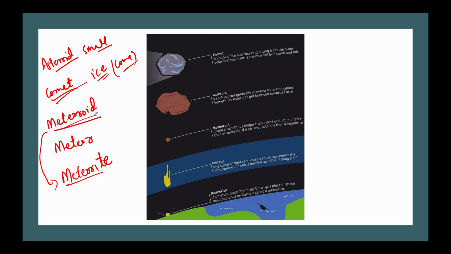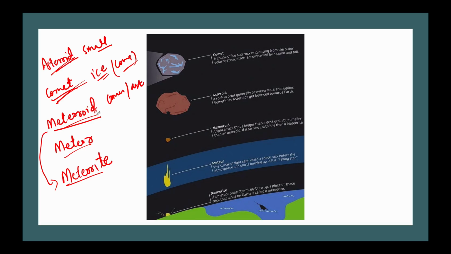This atmosphere of dust and gas, and sometimes a tail of dust and gas, is what makes a comet. Now a meteoroid is a small particle from a comet. It can be from a comet, or from an asteroid which is orbiting the sun. So this is a very small part of an asteroid or comet. Now a meteor is basically the light phenomenon which results when a meteoroid enters the Earth's atmosphere.